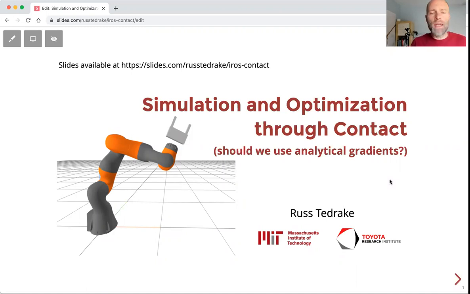I want to tell you today about what's been relatively a long journey in my life, thinking about simulating robots that are making and breaking contact with the world and performing optimization algorithms that can optimize through contact. Okay, so I don't have all the answers today, but I can tell you that on my journey, things continue to get interesting.